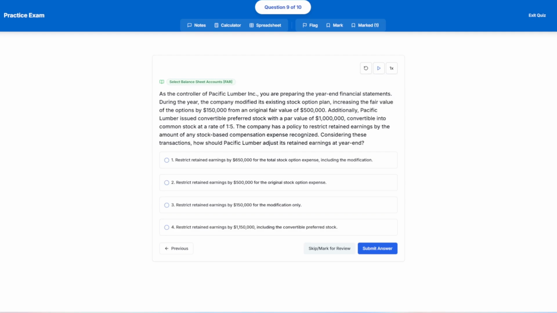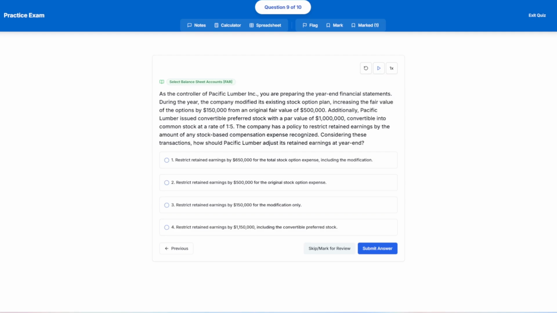We need to focus on what specific concept this question is evaluating. Here, we're diving into the world of stock-based compensation under ASC 718 and how it impacts retained earnings. The question is testing your understanding of how modifications to stock option plans affect financial statements, specifically retained earnings adjustments.